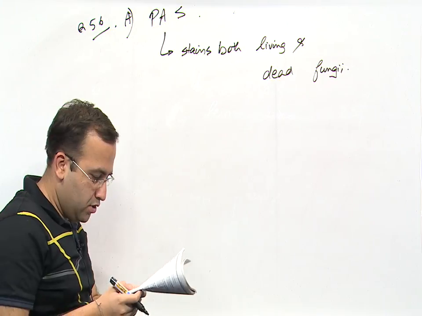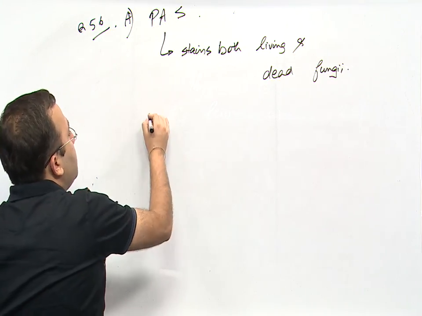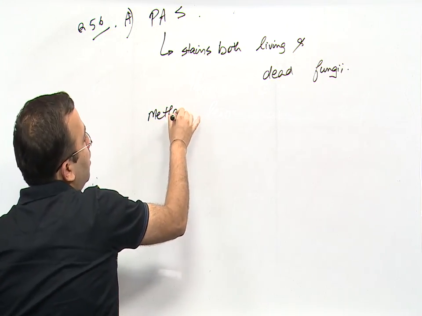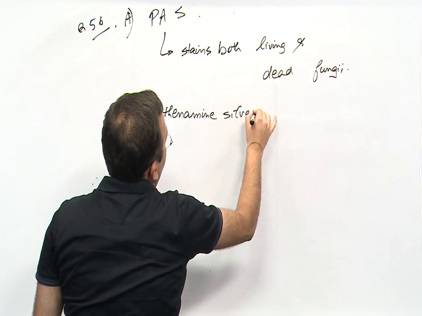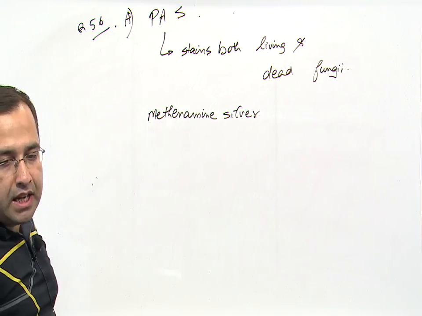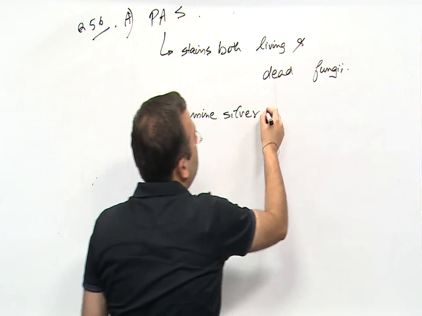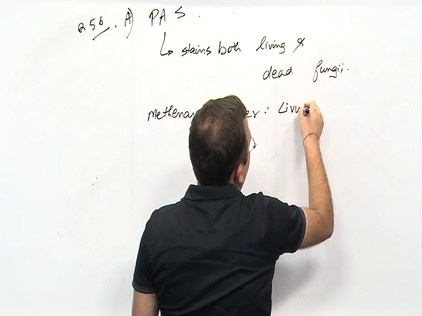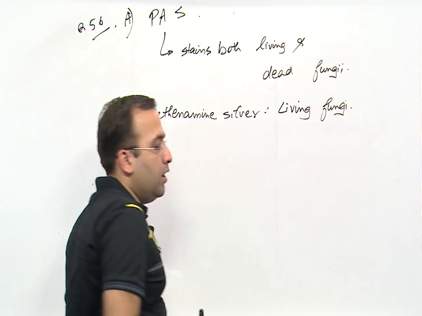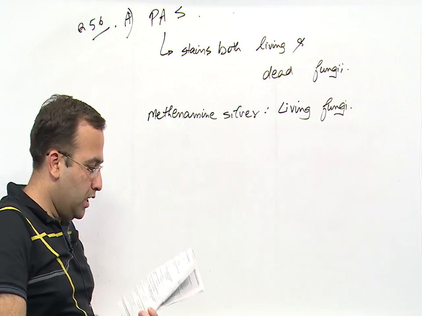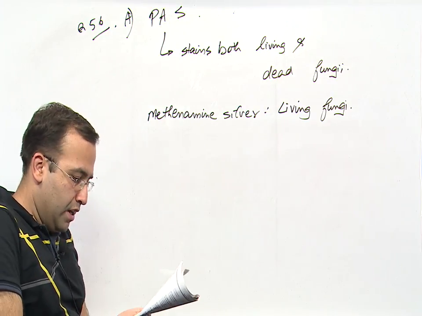Whereas your next option, methenamine silver or MS, stains only the living fungi.